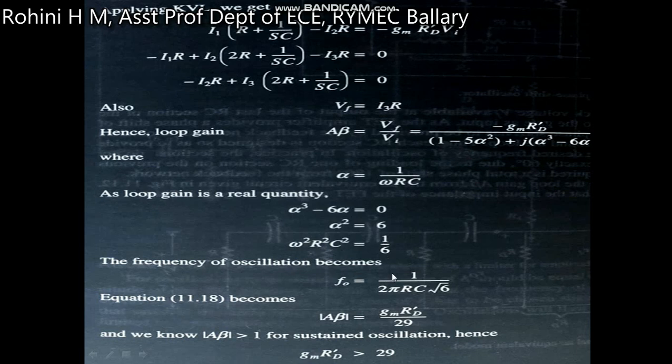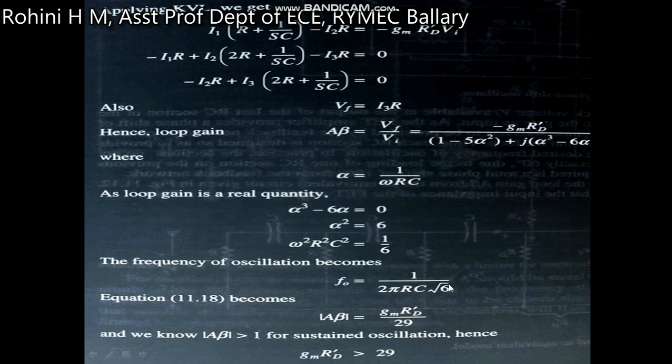Then the frequency of oscillation. Omega is expressed in radians, so omega equals 1 divided by 6 into R square C square. If we take the square root, it is 1 divided by R, C, root of 6.